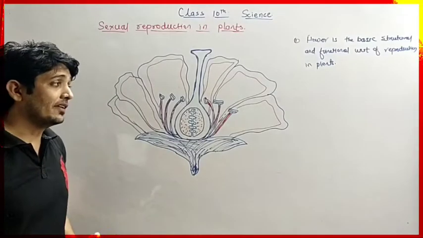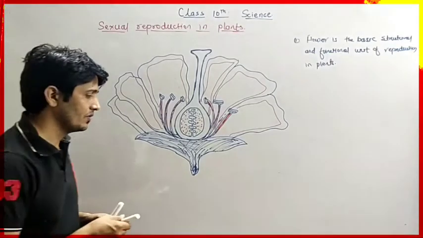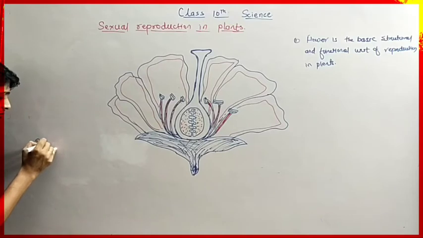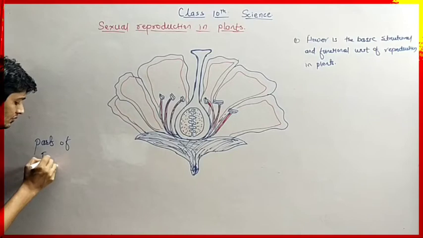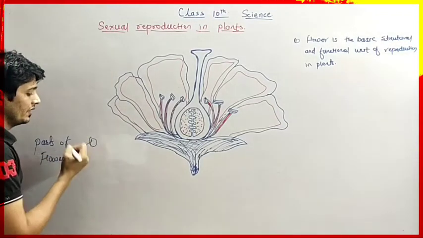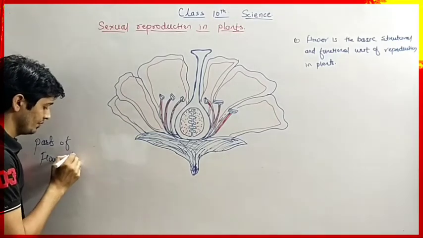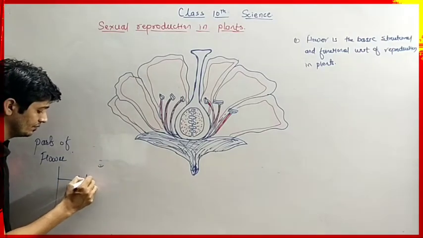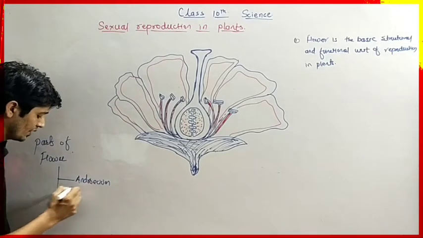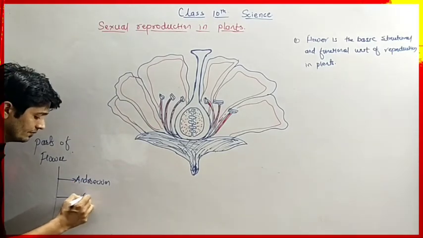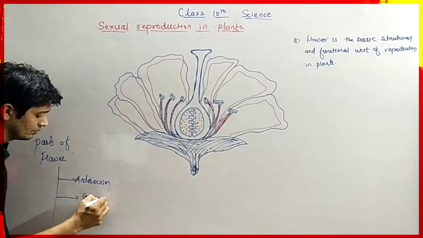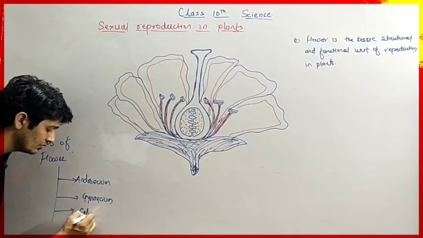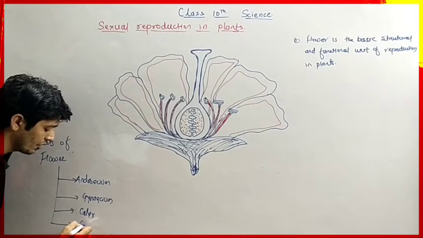Flower has four main parts. The parts of the flower: number one is androecium, second we have gynoecium, then we have calyx, and then we have corolla.